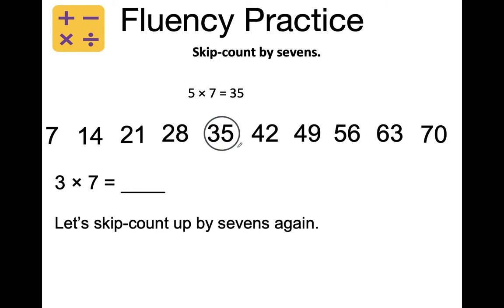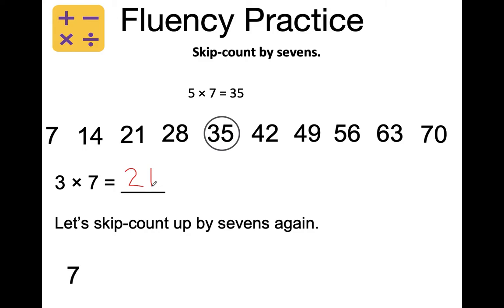Okay, let's skip count up by sevens again to find our answer for 3 times 7. Okay, we have 7, 14, 21. So your answer for 3 times 7 is going to be 21.